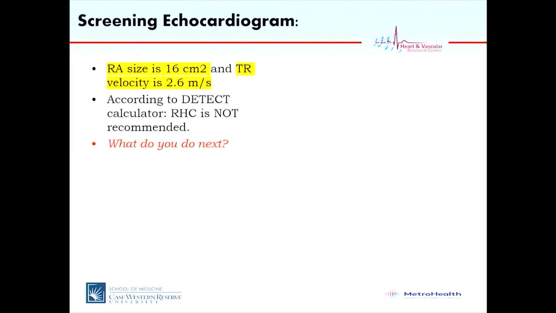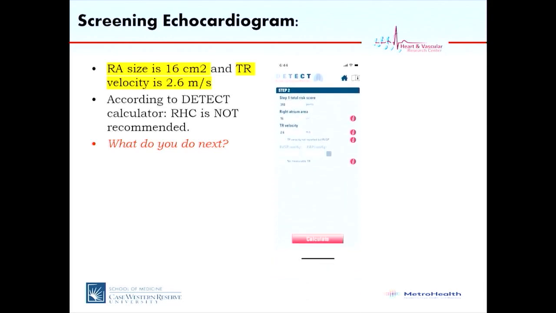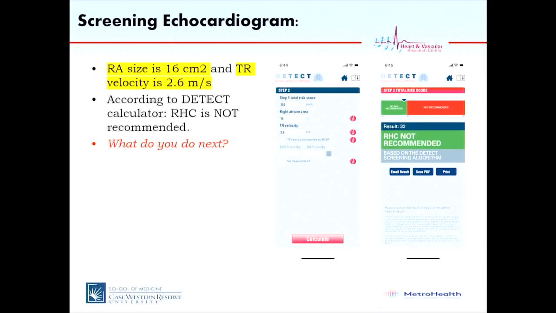The right atrial size is 16, the tricuspid velocity is 2.6, and if we plug those into the DETECT algorithm, you come up with right heart cath is not recommended at this point. So the echo is reassuring that we have not developed pulmonary arterial hypertension yet.